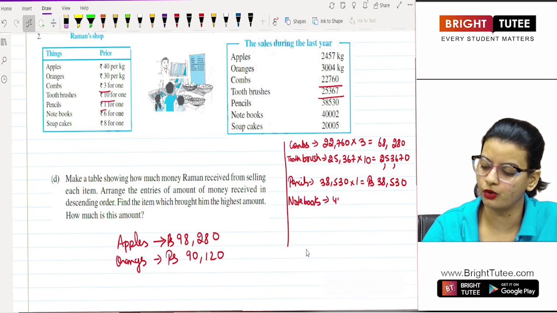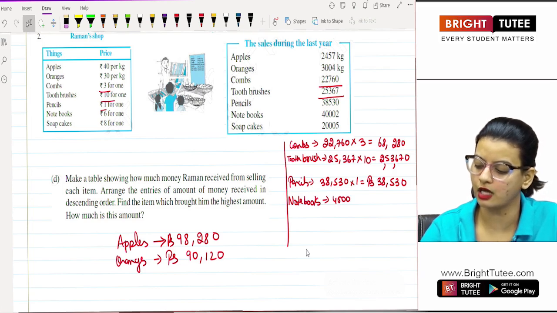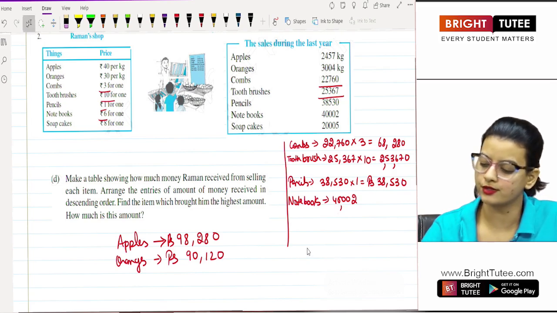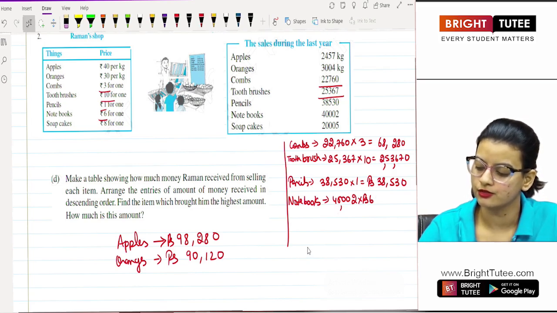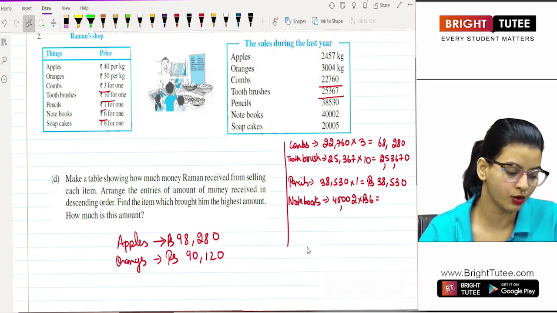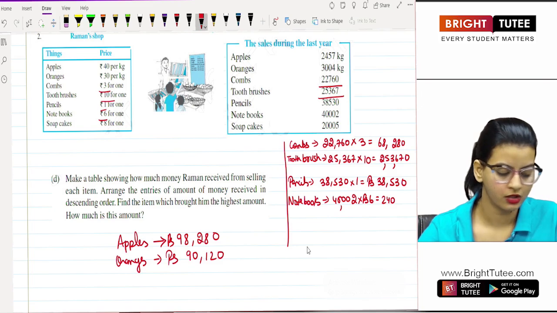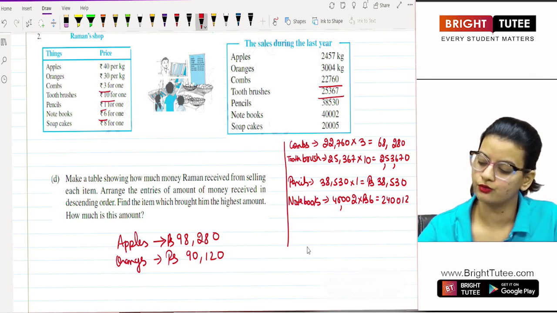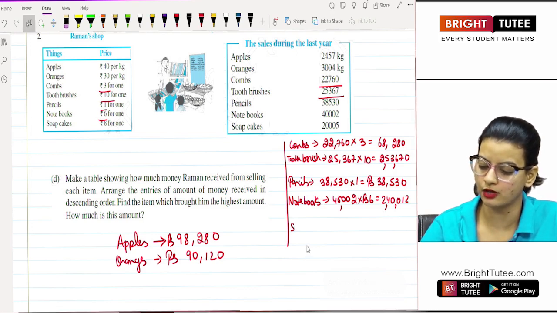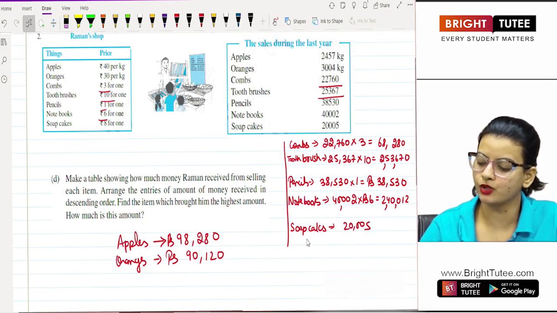Now we go to notebooks. He sold 40,002 notebooks, and one notebook cost rupees 6. So how much did he make by selling notebooks? He made 2,40,012 rupees. Now soap cakes.